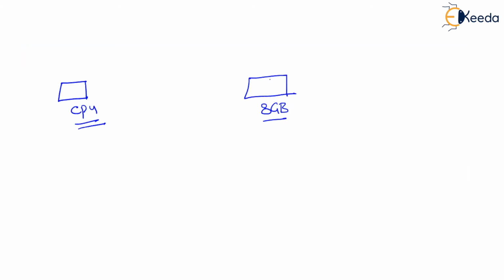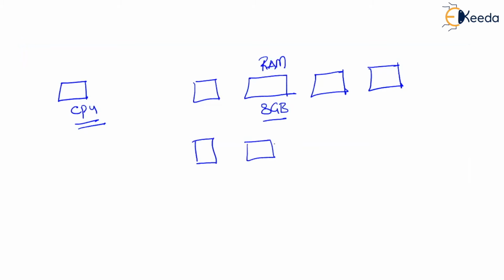So we are going to divide this RAM into different pieces. We are going to organize the desired size of the RAM with multiple chips. Rather than using a single chip, you use eight 1 GB chips.